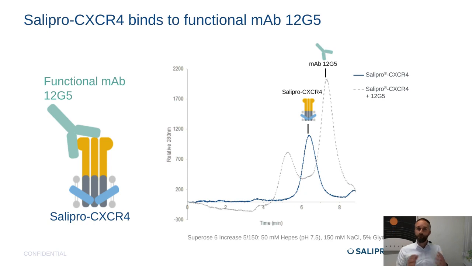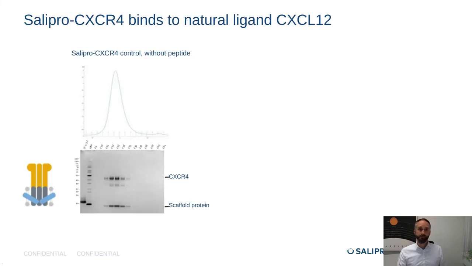Upon incubation of this antibody with CXCR4, we see the formation of a complex corresponding to Salipro CXCR4 with 12G5, which means that 12G5 binds to the CXCR4, validating the structure that we observed before, which Ieva presented.